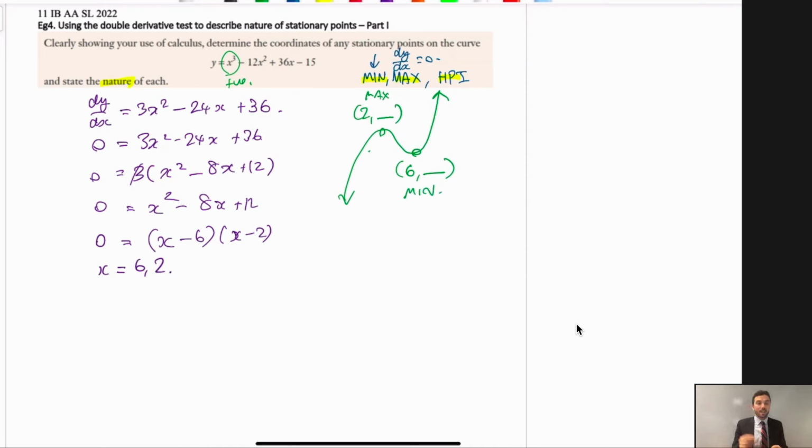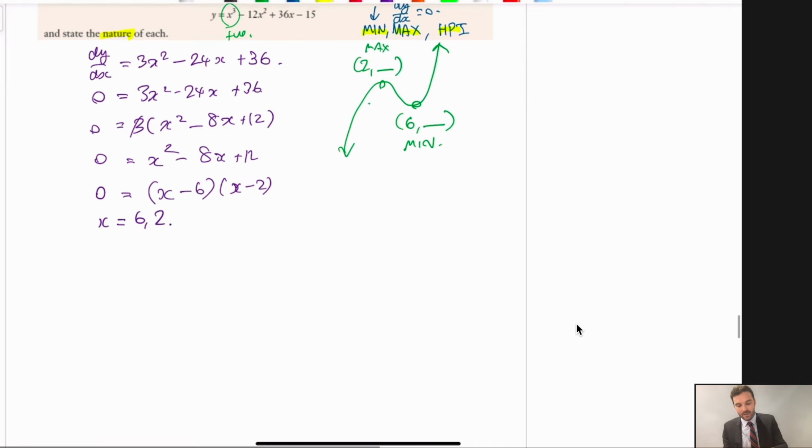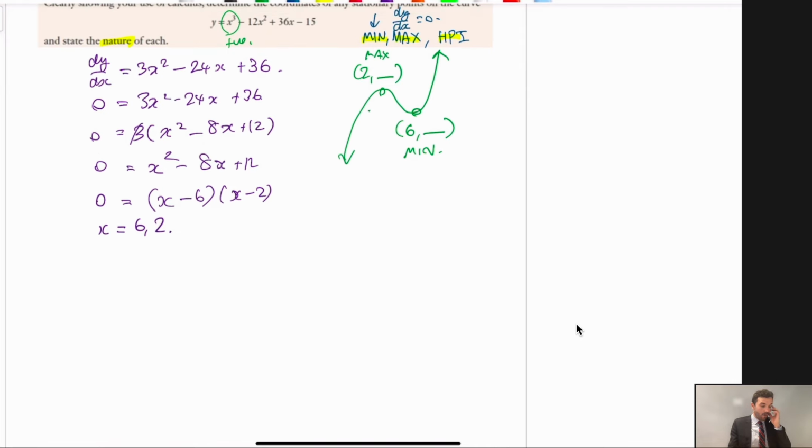Now, we aren't going to cheat here because we are just going to use our double diff test, and that's not cheating, it's just double checking, okay? So here we go. Let's firstly find the nature of these, and then we'll find the coordinates of those. Let's switch to a different color, blue. We're going to find, firstly, our double diff.